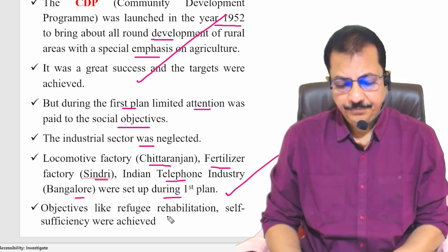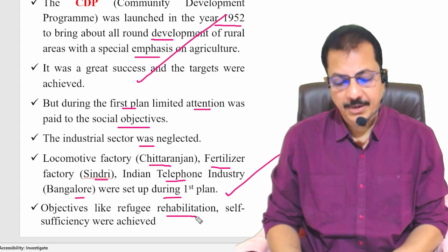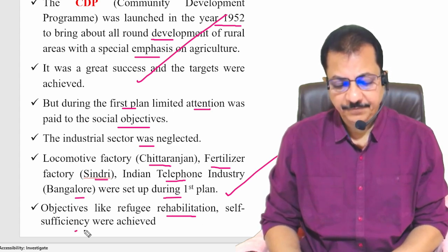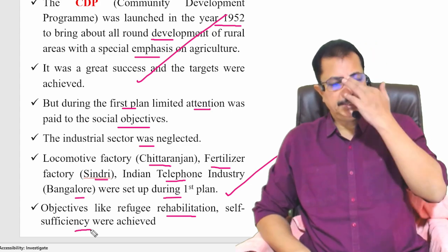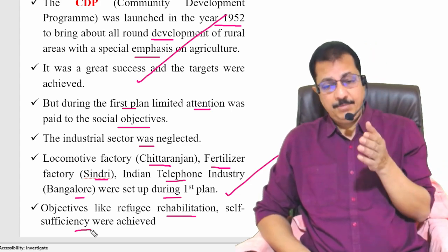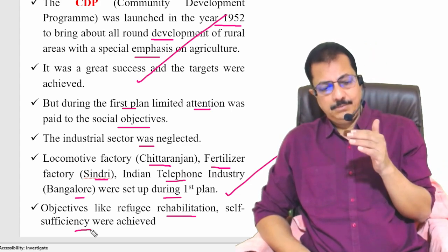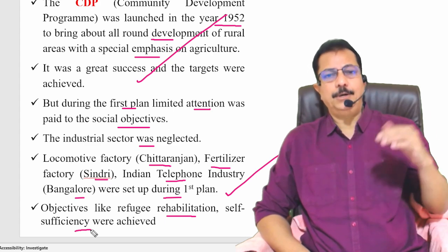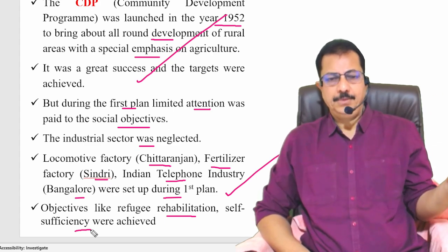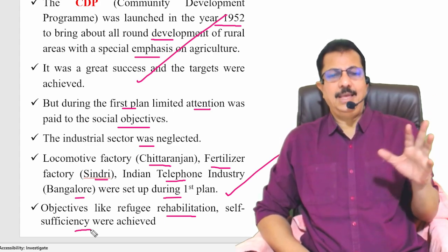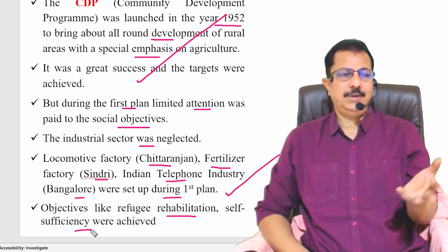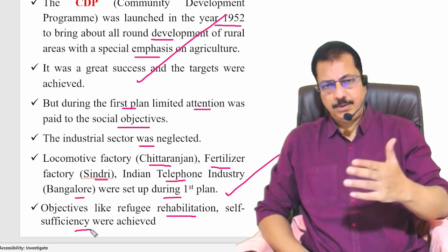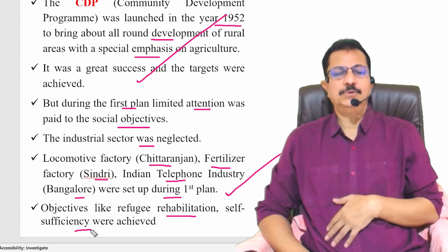Objectives like refugee rehabilitation and self-sufficiency were achieved. Refugee rehabilitation is nothing but, at the time of partition, some of the people opted to go to Pakistan, but later they realized and wanted to come back. Time was given, and during that period, whoever came back to India was provided with citizenship.